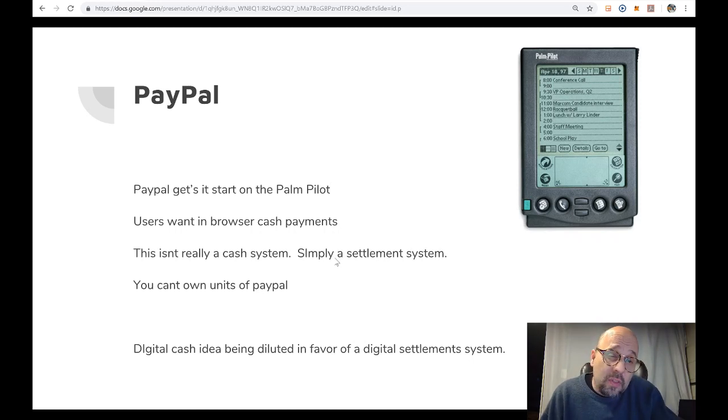We discovered that people do like easy to use cash payment systems. They also want those cash payment systems to be browser based if possible, and if we can make this easy to use for the user, they are going to adopt it. Those were some of the things that we learned.